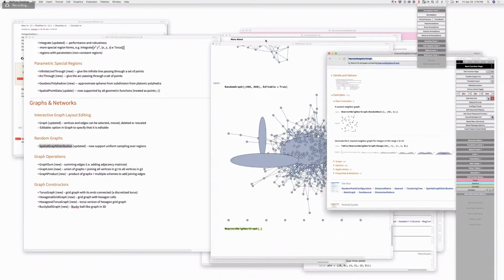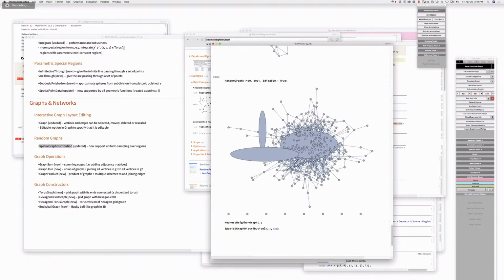See this? So here the points are fixed. Where the spatial graph distribution, you sample, so you give the region. Let's suppose it's a rectangle, like in the case of random real 1, 2. That is equivalent to essentially saying spatial graph distribution on a rectangle, on a square, 0, 1. So you sample the point in that square.